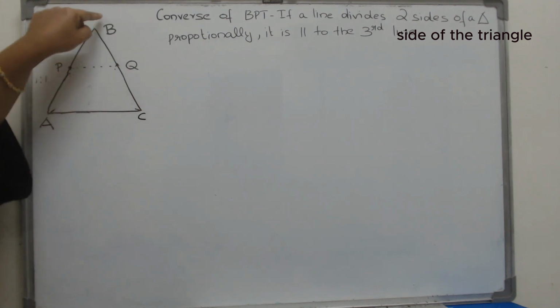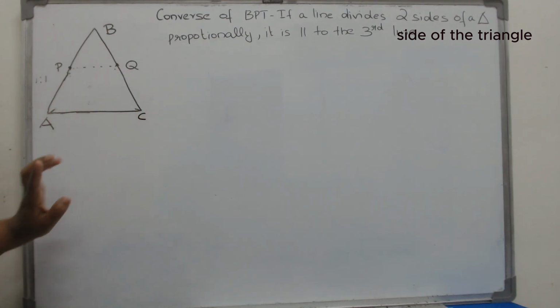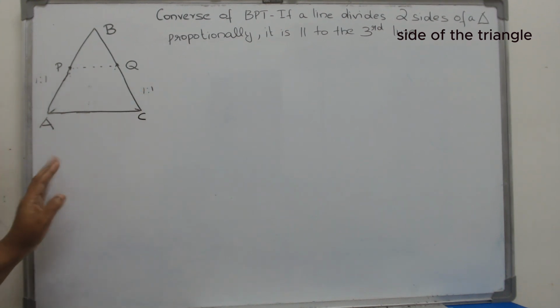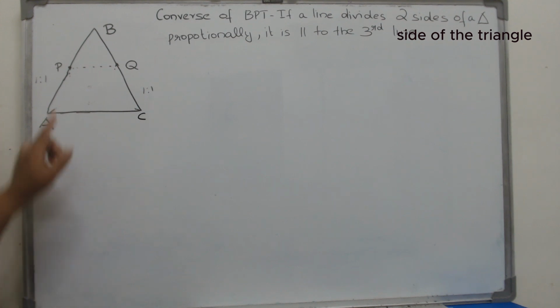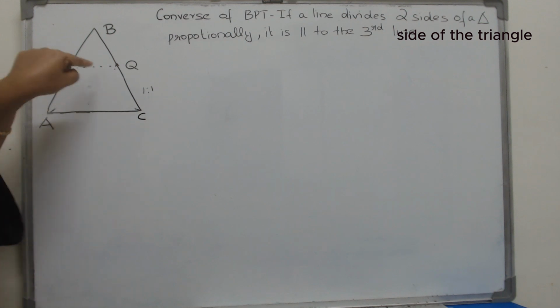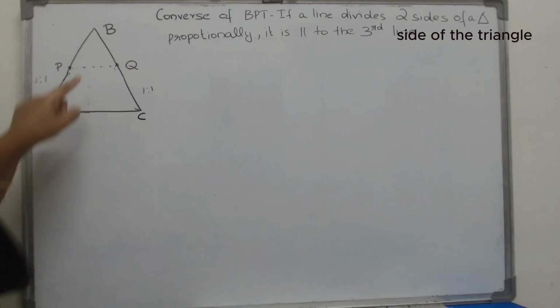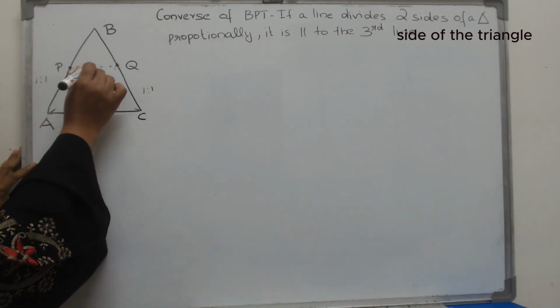Again, Q is the midpoint of BC, which means it divides it in the ratio 1:1. So do we have all the conditions? Yes. Then it means that this line is parallel to the third line, the line which it does not cut.